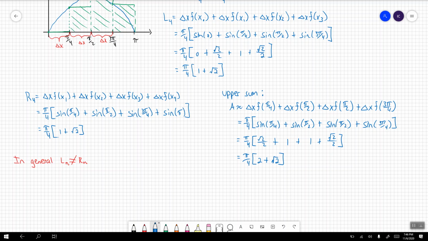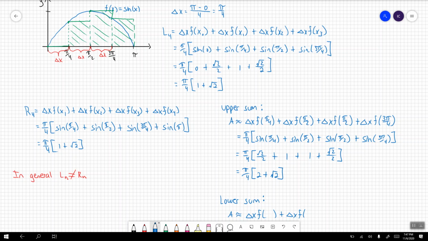We can do the value of the lower sum as well. For the lower sum, again, we just want to look at each subinterval and find the lowest value produced for that function output. So in order to find that, we look at the intervals. For the interval from 0 to pi fourths, the lowest height is going to be 0, which means we evaluate at 0.